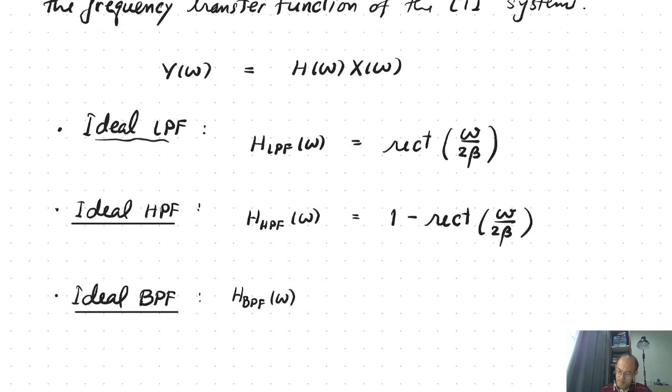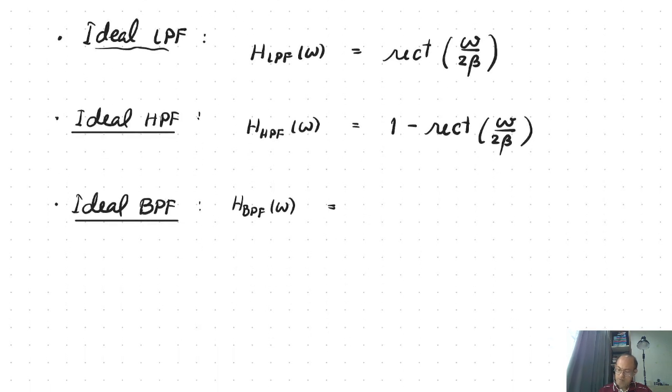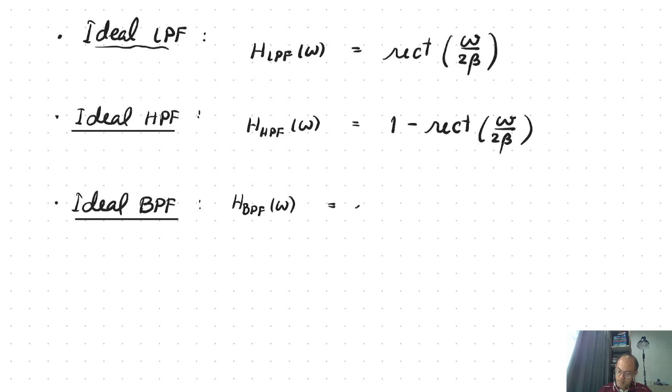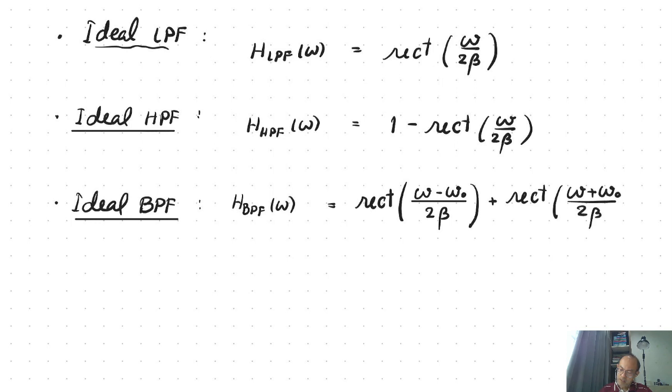Okay, this is rectangular omega minus omega 0 over 2 beta plus rectangular omega plus omega 0 over 2 beta. So you can plot it, of course, the ideal bandpass filter.